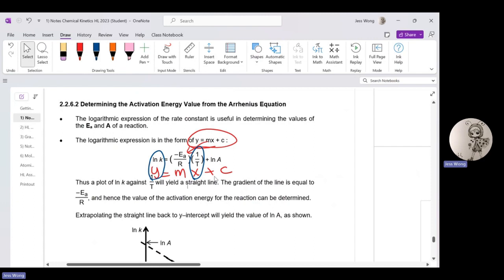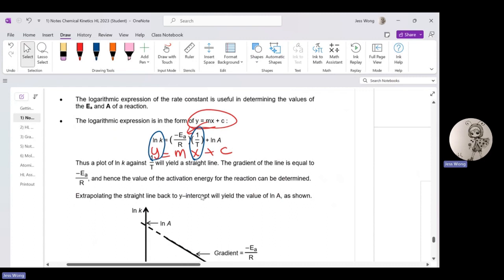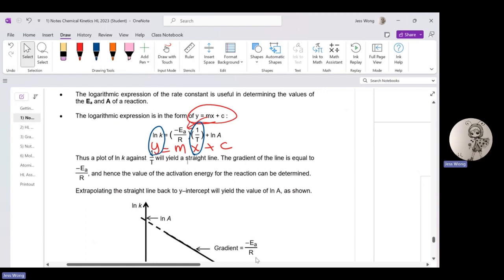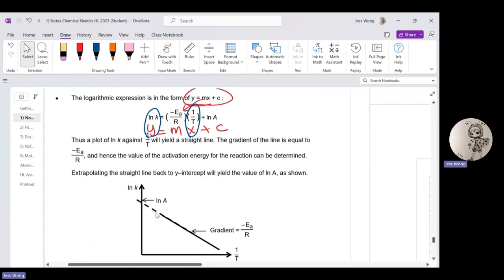Now, after you plot a graph, you will find that your gradient is negative because the gradient is negative EA over R. EA should be a positive value, R is a positive value, so the slope should be negative. After you get a graph, find the gradient of this graph, and that gradient equals negative EA over R. So using the gradient, you multiply by R and that equals negative EA.